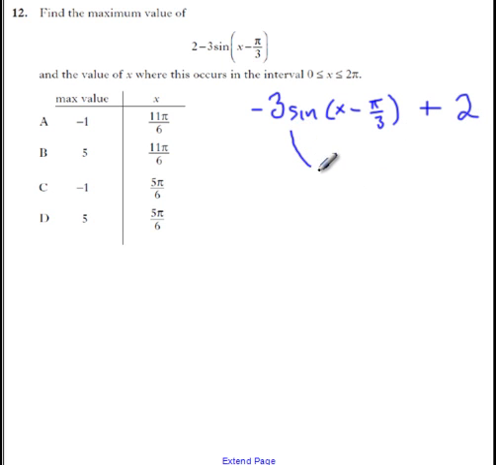Now looking at this part here, the sine bit, the maximum value that sine can be is plus 1 and the minimum value is minus 1. If we then multiply that by negative 3, that means that the minimum value that this part can be is negative 3 and the maximum is plus 3.